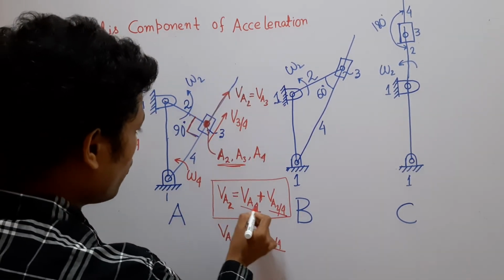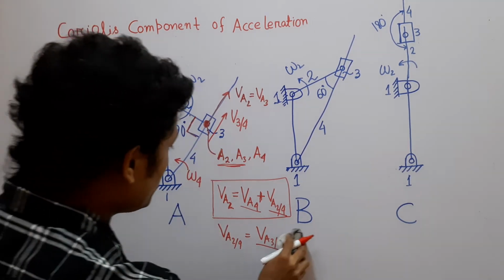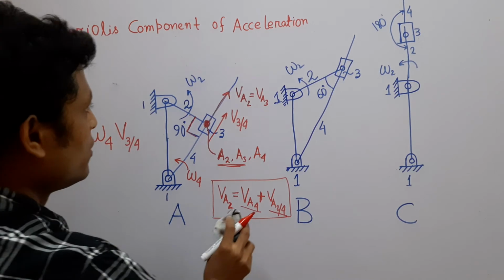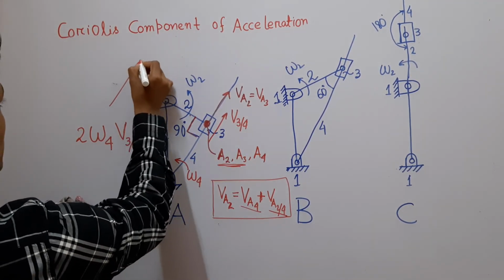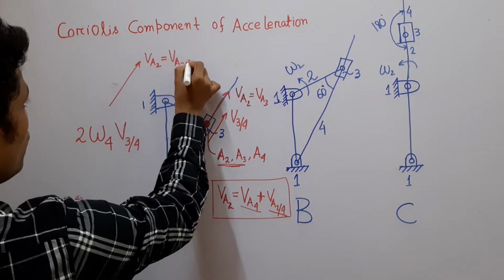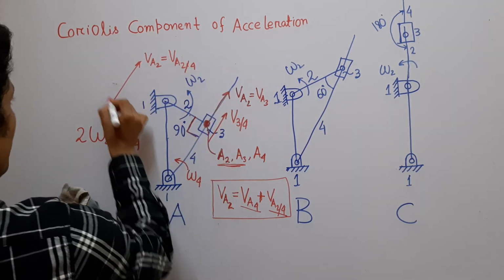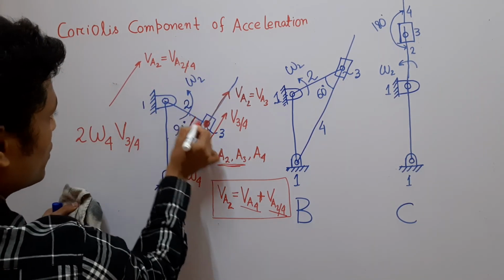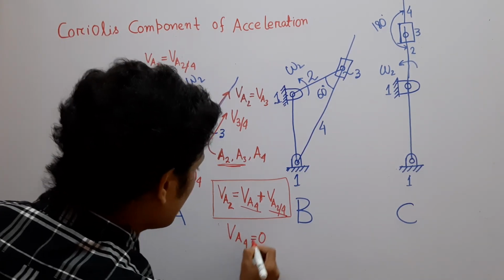And VA4 is perpendicular to link 4. So if I draw the velocity diagram, let me draw here. This is VA2 equal to VA2 by 4, and there will be no component perpendicular to this link. So VA4 becomes 0.